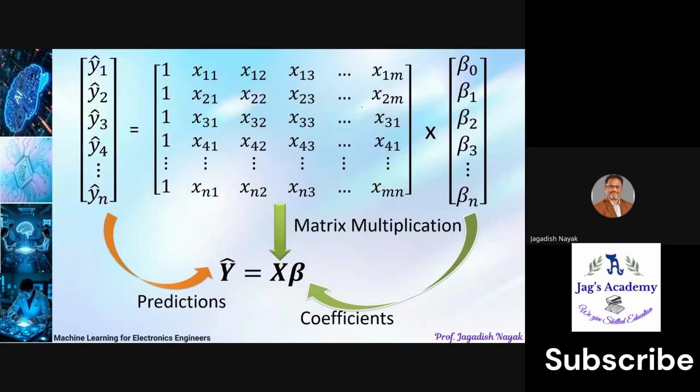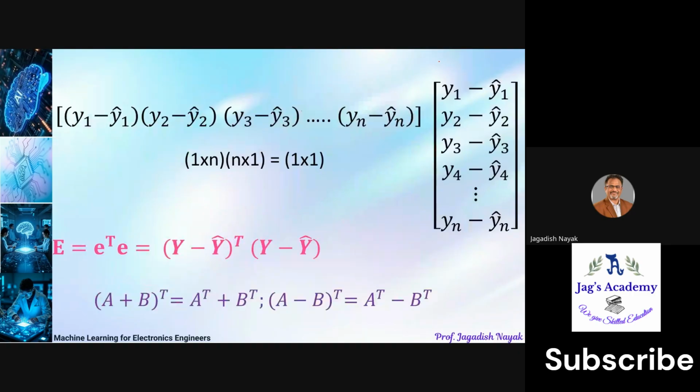This is your x matrix, this is your y matrix, this is your beta matrix. So we have derived the equation for beta. Now which is x and y in this case? Let us see this x and y in the example.